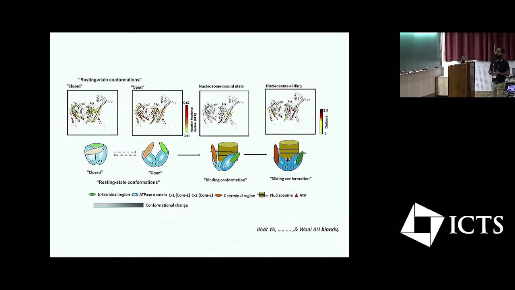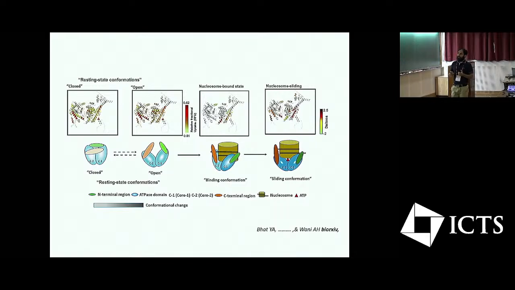But to sum it up, what we think is happening is that the I-switch intrinsically switches between these two closed and open conformations, and this conformation may be more competent in binding the nucleosome, and this binding of the nucleosome can shift the equilibrium towards this state, and then if you have the ATP, it slides.